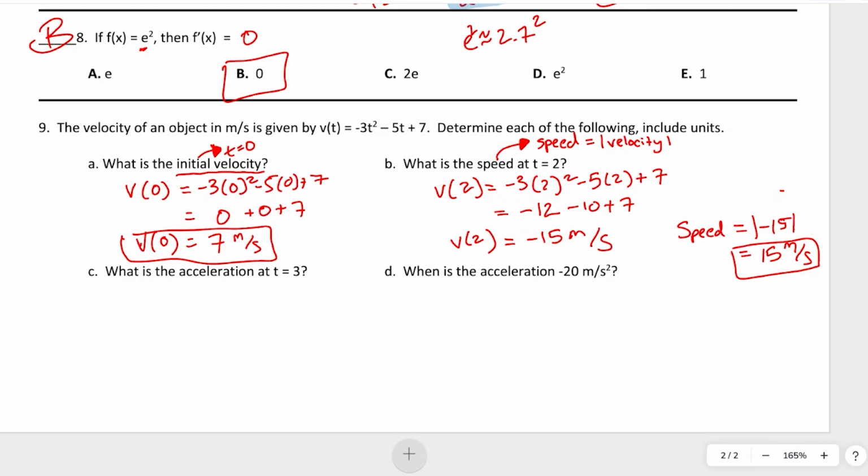Part C says, what is the acceleration at t equals 3? So to find the acceleration, we're going to have to differentiate the velocity function. So remember that velocity is the derivative of position. Just want to remind you of that. And velocity's derivative is acceleration.